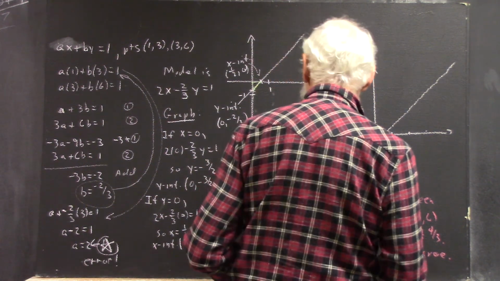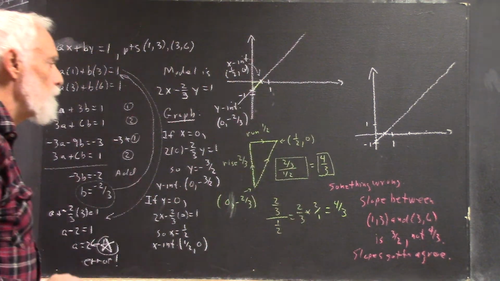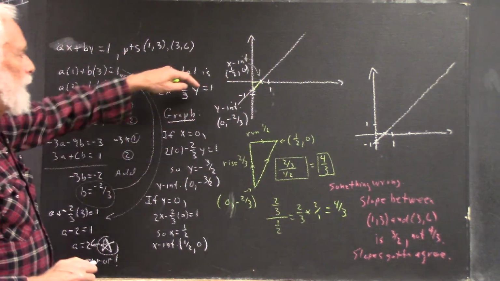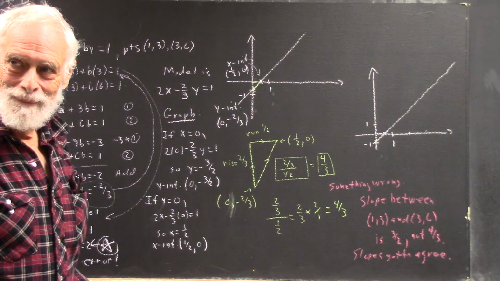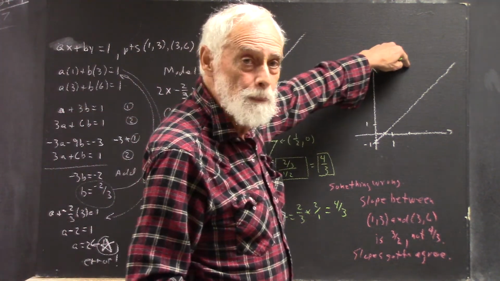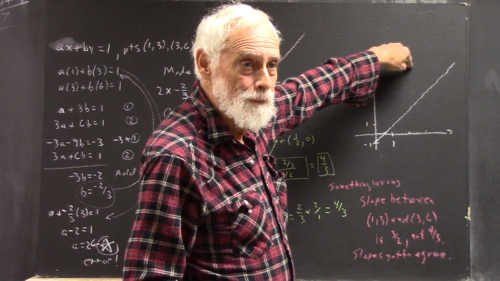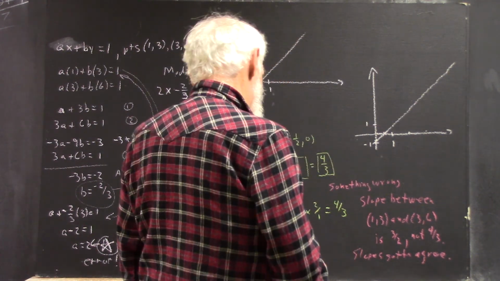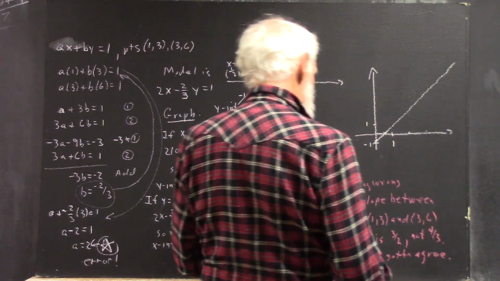It doesn't go through the point (1, 3). Well, that's because I have a mistake here. So there's no way I can make this graph agree with the original.